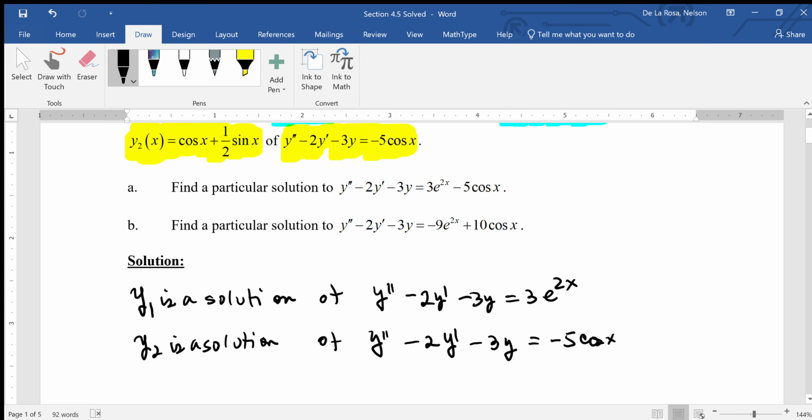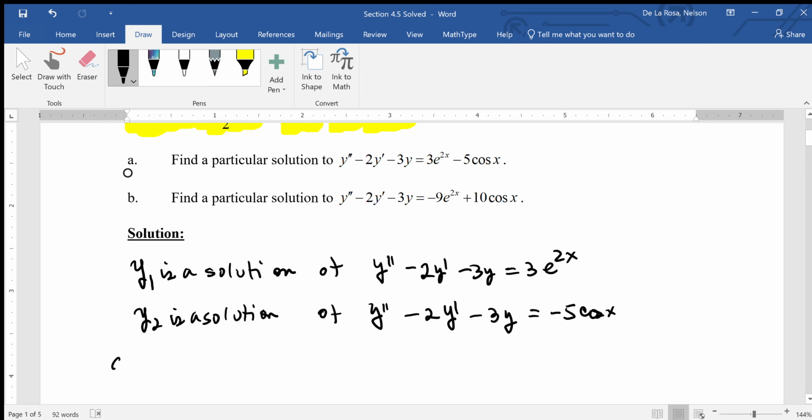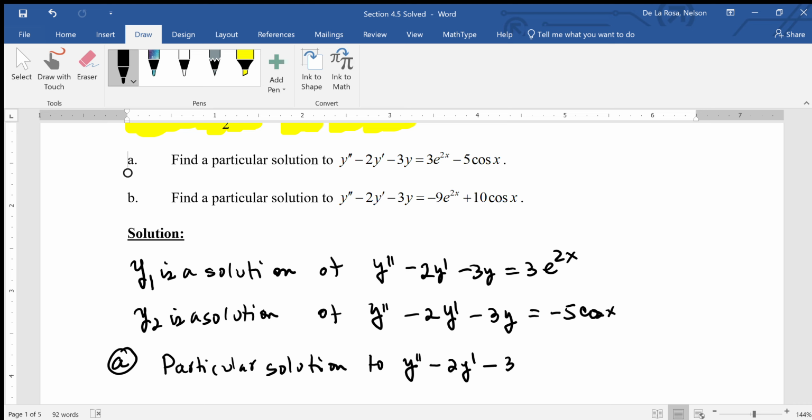So let's do part A. We have to find a particular solution to the second derivative of y minus 2 first derivative of y minus 3y equals 3 e to 2x minus 5 cosine of x.